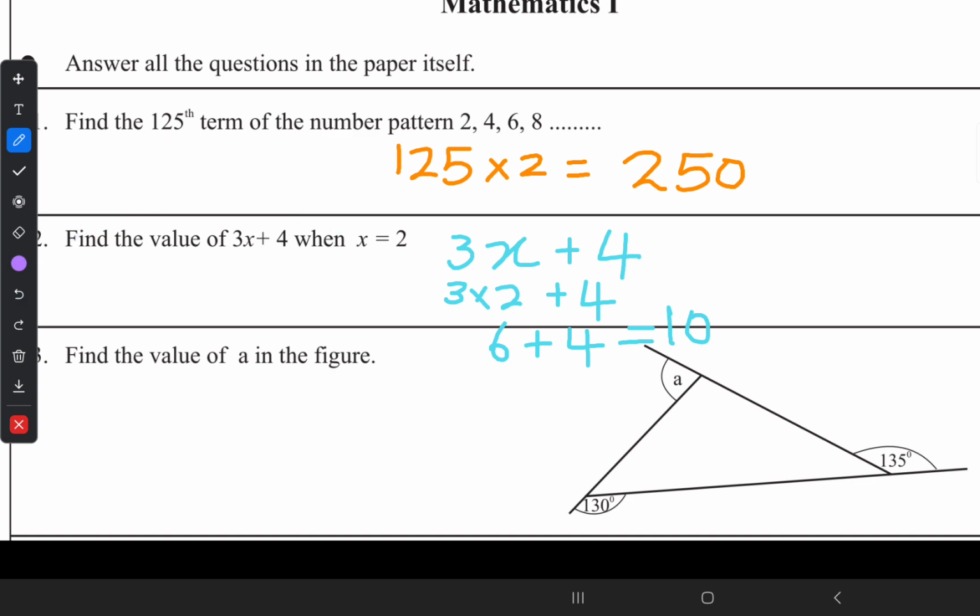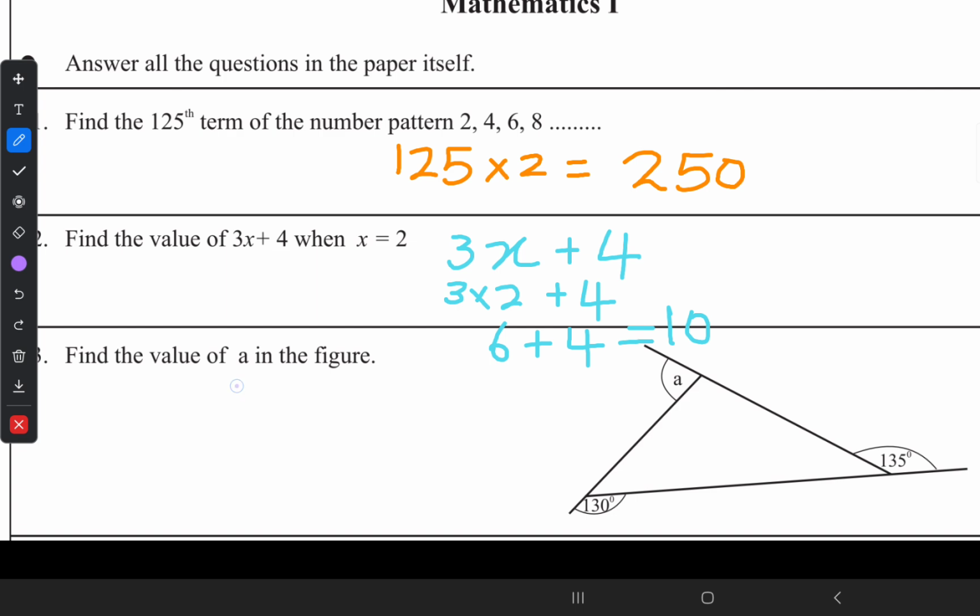In our next question, find the value of A in the diagram. In the figure, all the angles are given as exterior angles, no? So the summation of exterior angles of a triangle would be 360. So 130 plus 135, that means 265.